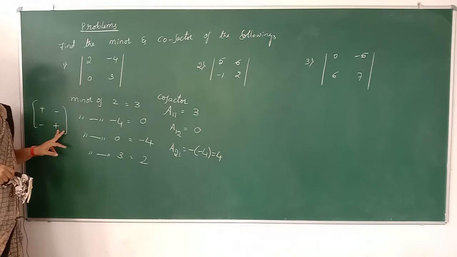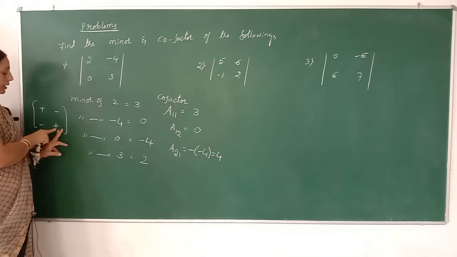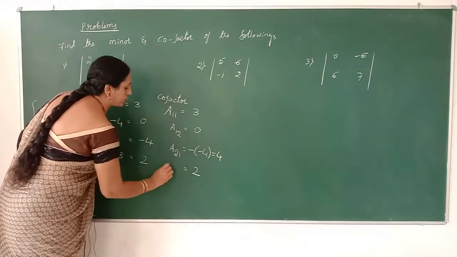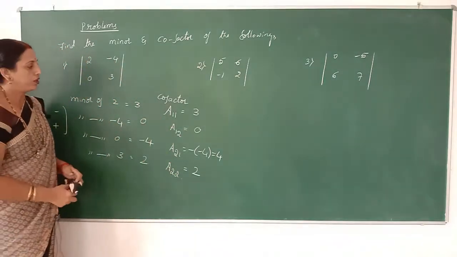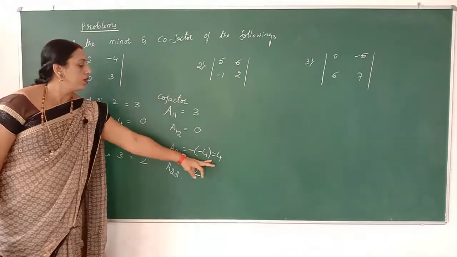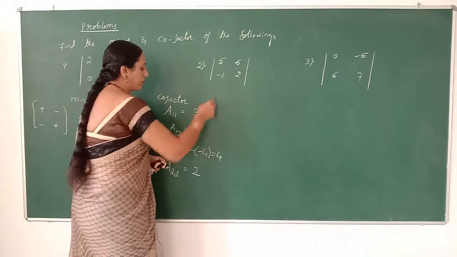According to the sign, the sign of the determinant is positive. Positive multiplied is nothing but plus 2. So A22 is equal to plus 2. Therefore, the cofactors of the determinant are 3, 0, 4, 2. These are the cofactors.